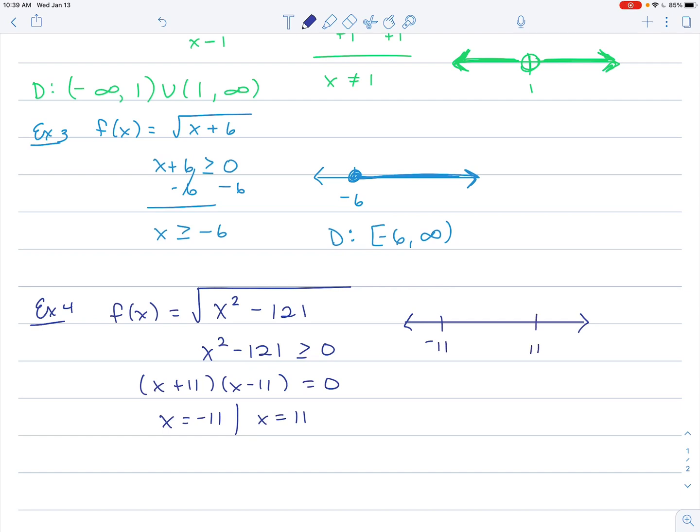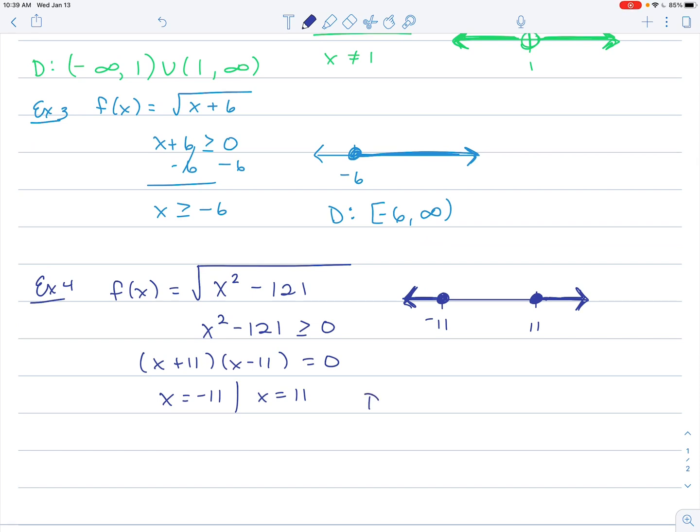Remember this from a couple of units back. These would be included because they make it 0. But then you have to decide: is it in between or is it left and right? You can plug in a number like 0 for x, and you would see that 0 doesn't work. Negative 121 is not greater than or equal to 0, which means the domain is to the left and right of these. So the domain would be negative infinity to negative 11 inclusive, union with 11 to infinity.